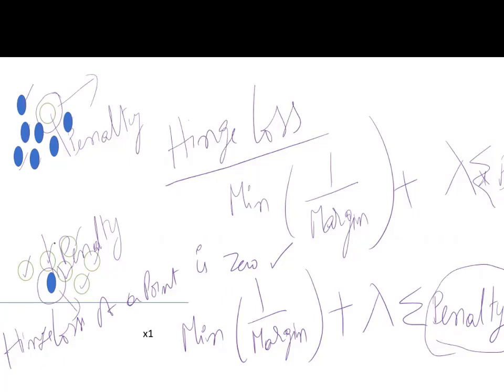Hinge loss is proportional to the distance. If correct, then loss is 0.